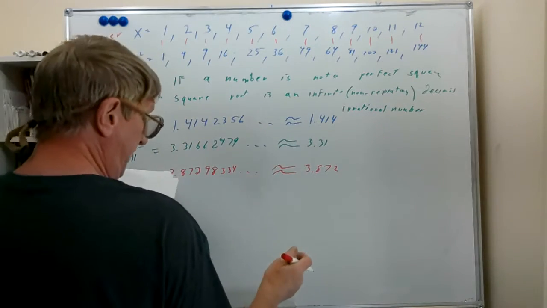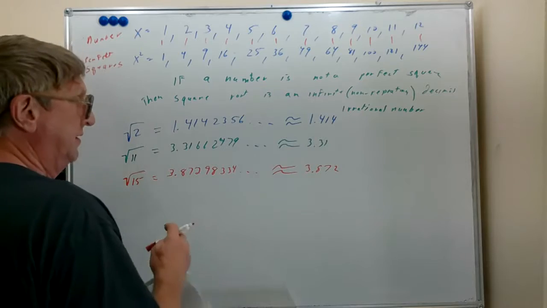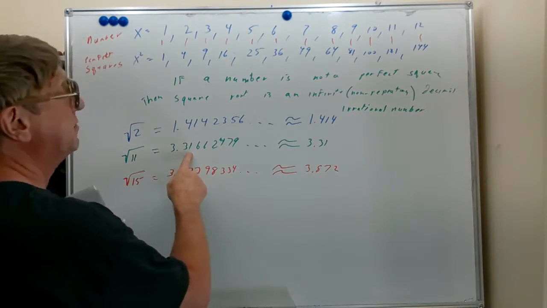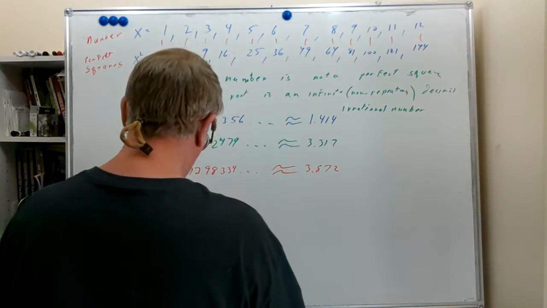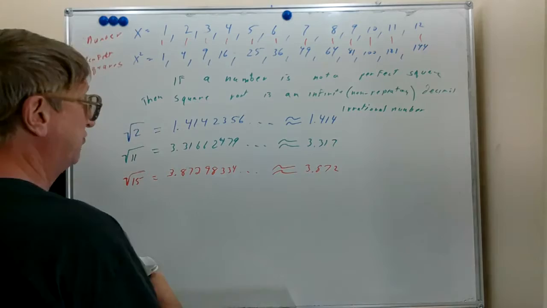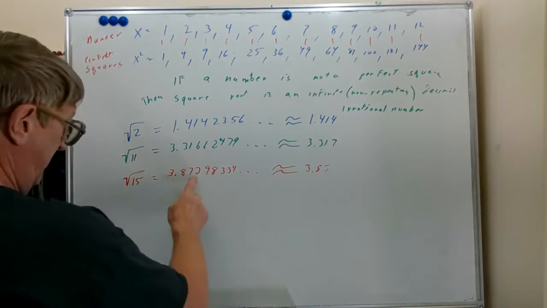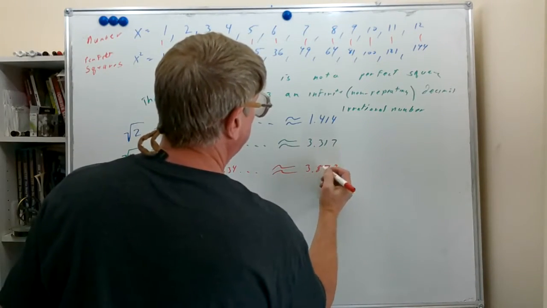There's a difference. 4 significant digits is what I wanted to do here. Here the 3.316 rounds up to 3.317. And when we rounded this to 4 digits, we look at that next digit. We see the 9, it rounds up to 3.873.